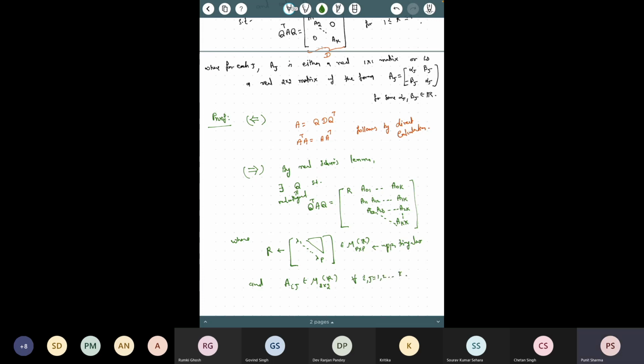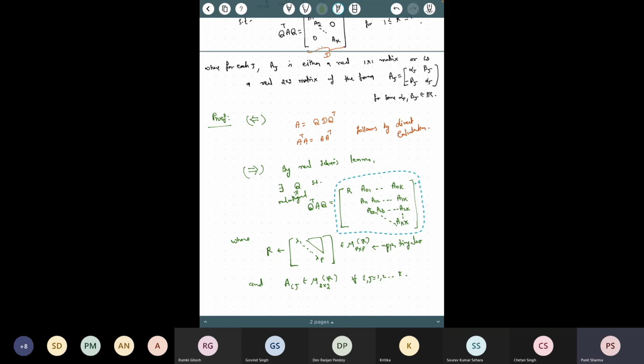I can always write it in this way, right? So if I somehow show that this matrix here is actually block upper triangular, not block one, sorry, is block diagonal.